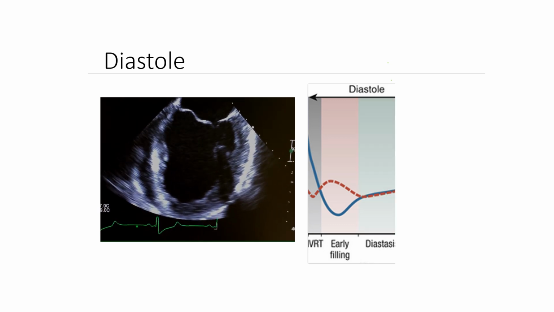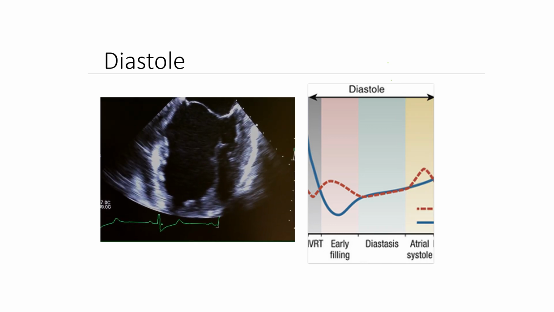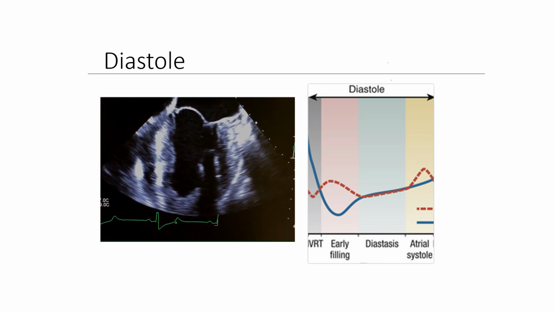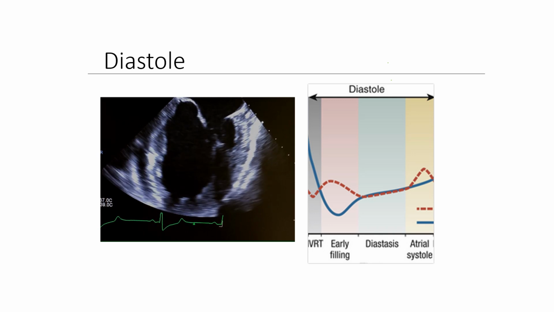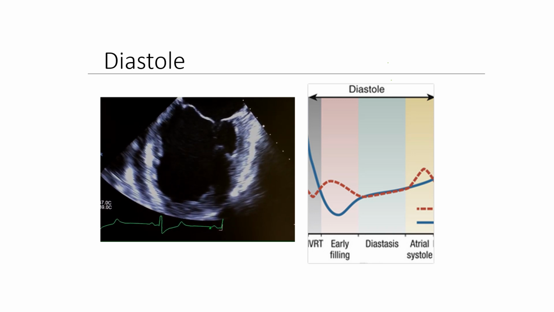And then there's a period of diastasis here. And then there's an atrial kick and atrial filling. And I'll let this play one more time if you're unconvinced, to see if that helps.